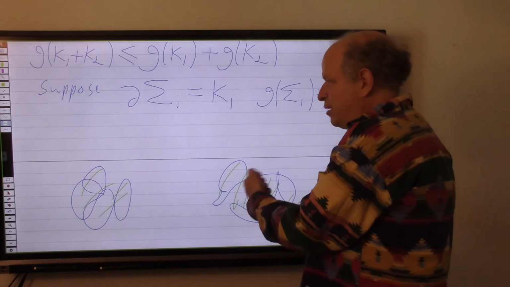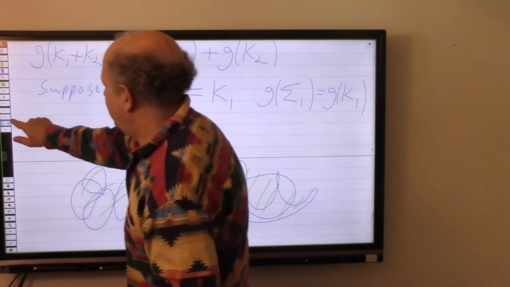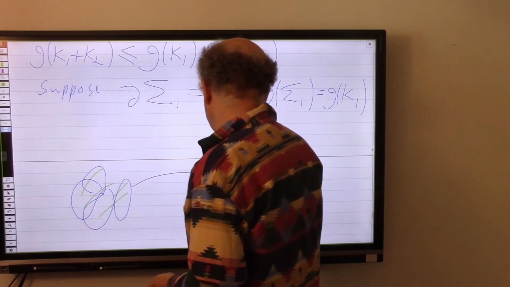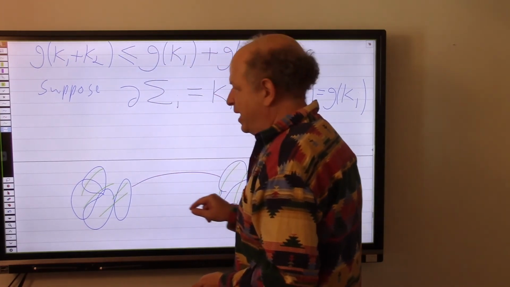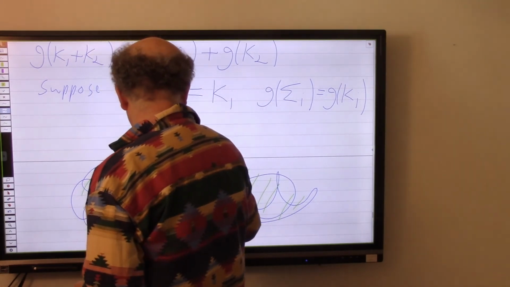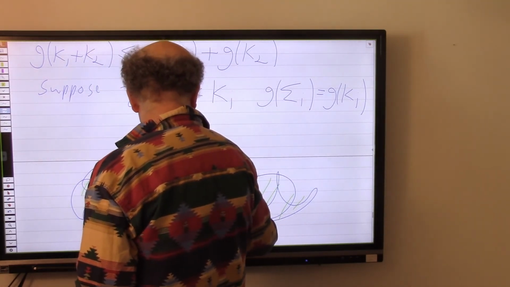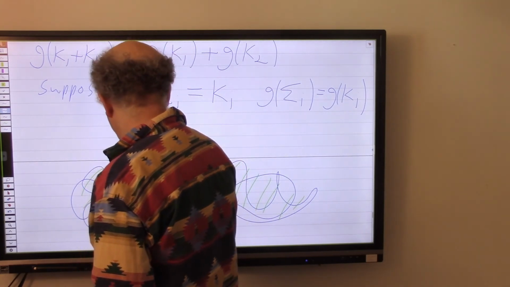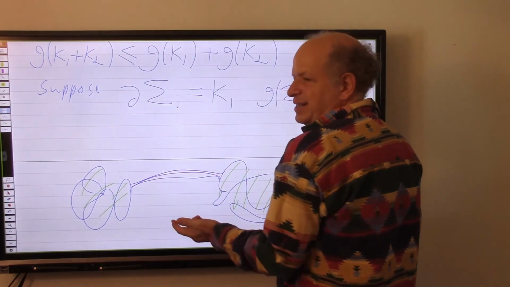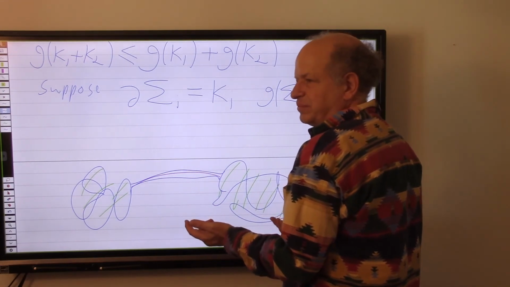Now, how do I make the connect sum? I pick a curve connecting the two surfaces and replace it by a little narrow bridge, and that's it. That's the connect sum.